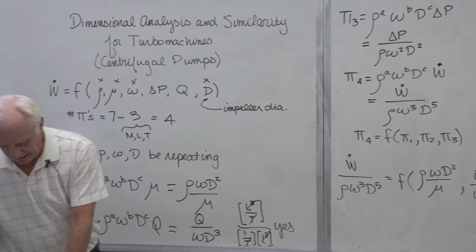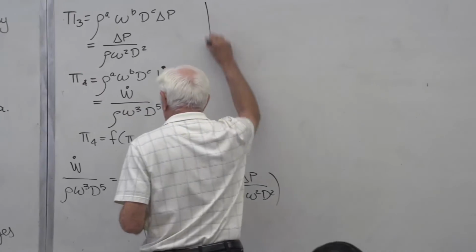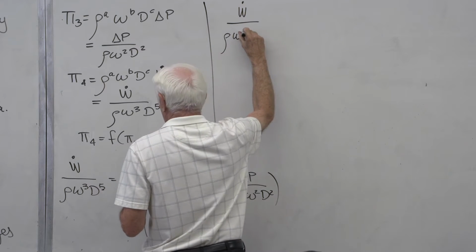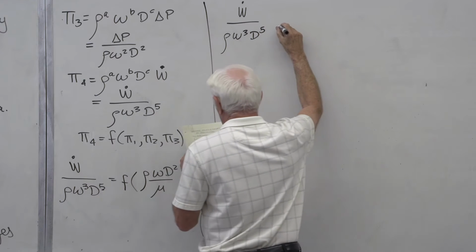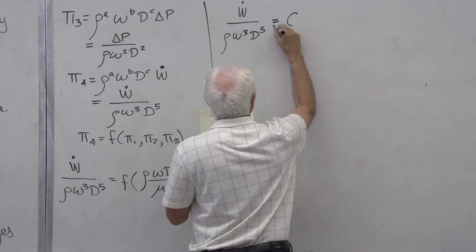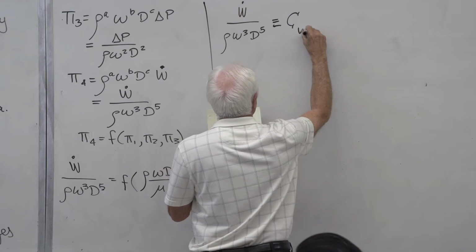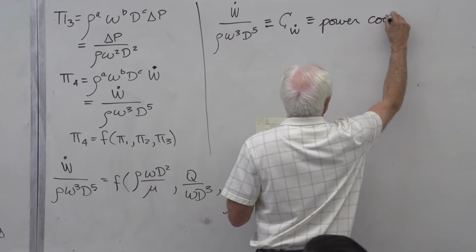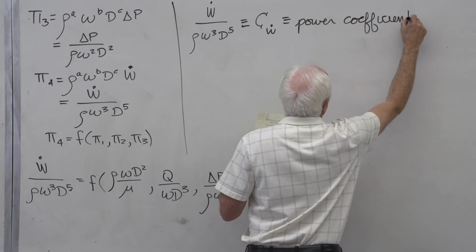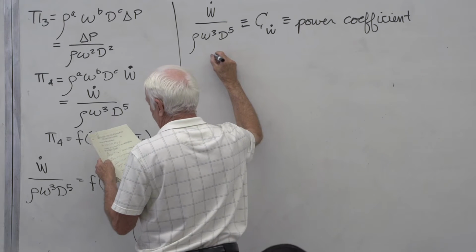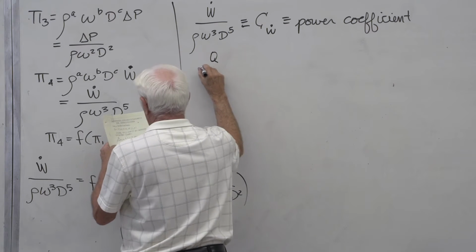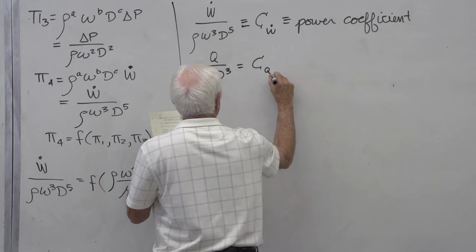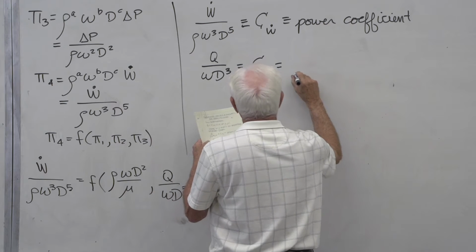Now, sometimes they're given names. This guy here on the left, W dot over rho omega cubed d to the fifth, we call that C sub W dot. That's the power coefficient. And then this one, Q over omega d cubed, that's C sub Q. We call that the flow coefficient.